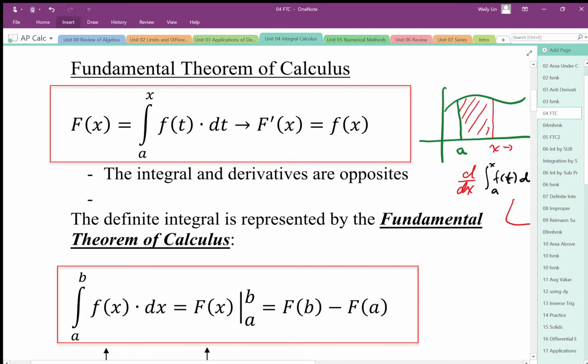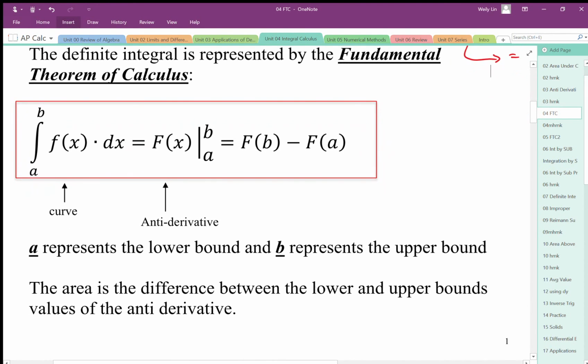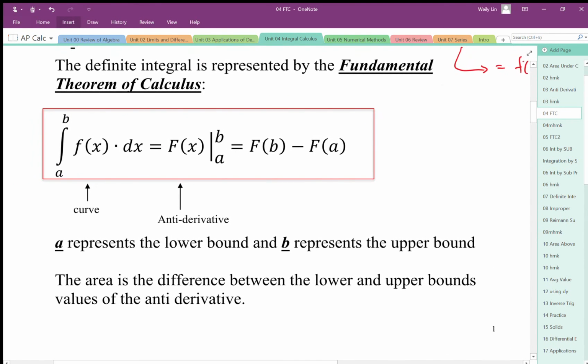They're not exact opposites, as we'll see a little bit later, but they're essentially opposites. The other part is that the area underneath the curve is equal to the displacement of the antiderivative function, the difference between big F of b and big F of a, where a and b represent the lower and upper bounds.